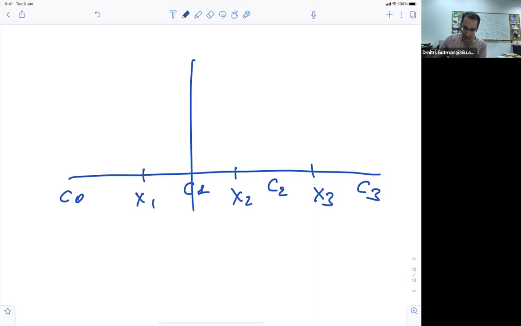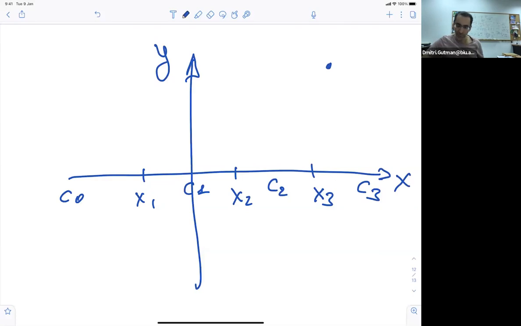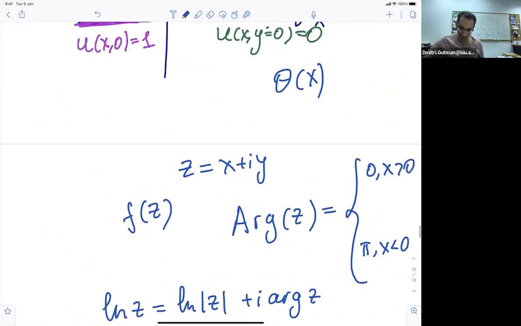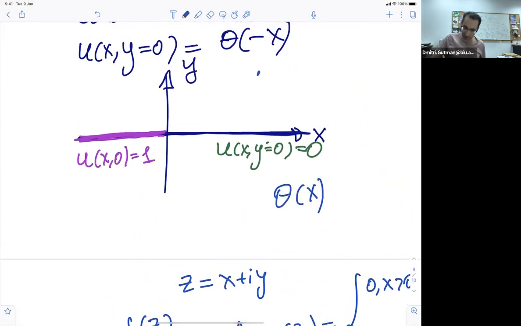And there is a y-axis, and that's an x-axis. And I want to find the function in the upper half plane. How do I solve this problem? I base it on the previous problem, where we took a point z, then we drew a line and called this angle theta.